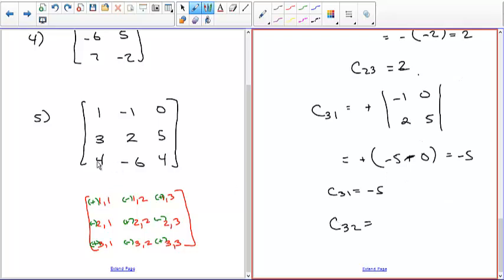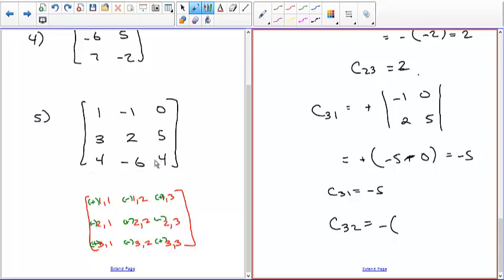C32, that's third row, second column. Okay, so this one, you've got a negative sign.